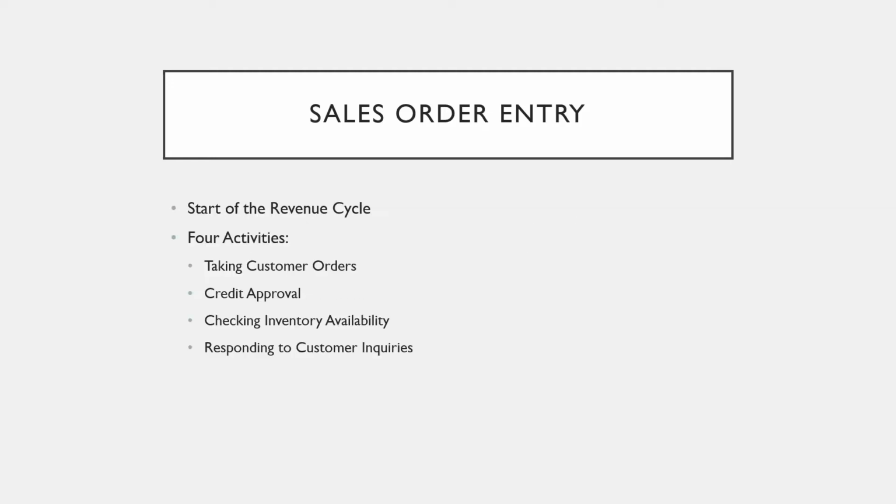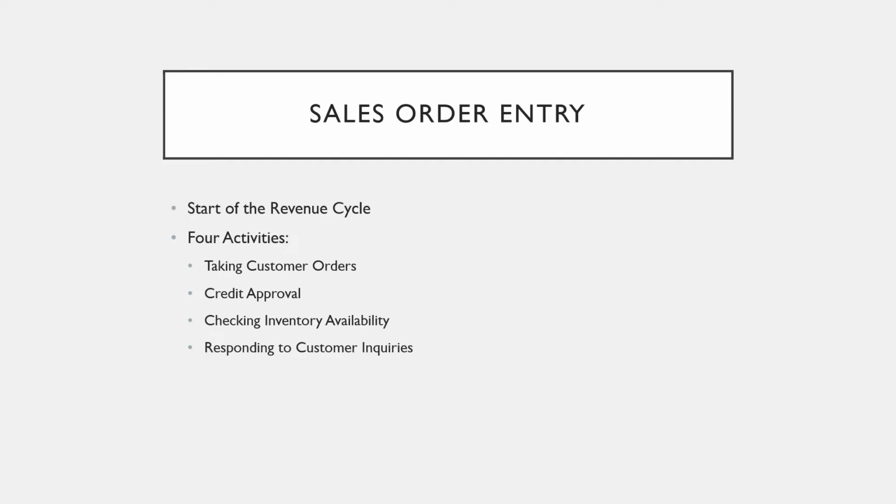The first mini cycle of the revenue cycle is the sales order entry process. The sales order entry process consists of really four activities. The first being taking customer orders, followed by checking for credit approval, then checking inventory availability, and finally responding to customer inquiries.